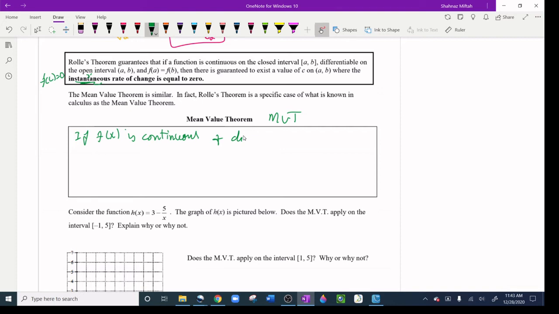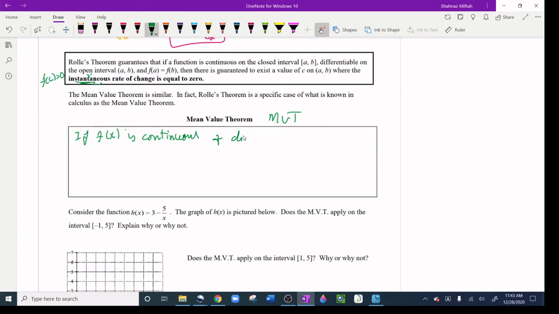exist a value x equals c on a, b such that f prime c, the instantaneous rate of change or tangent slope, is equal to the secant slope. There you go.